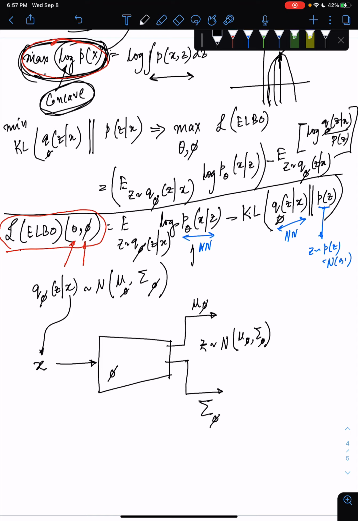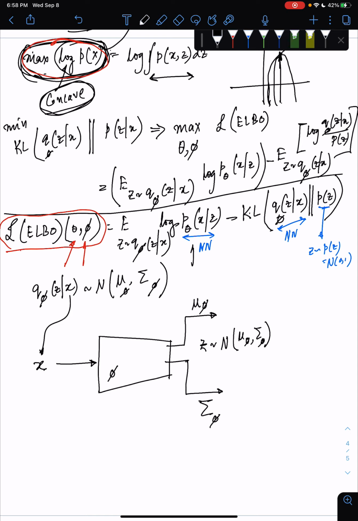It can be easily done in typical code using PyTorch. We can have a bunch of feed-forward neural network layers, or if we want to use this for an image dataset like MNIST or CIFAR, we can use CNNs or whatever it is.